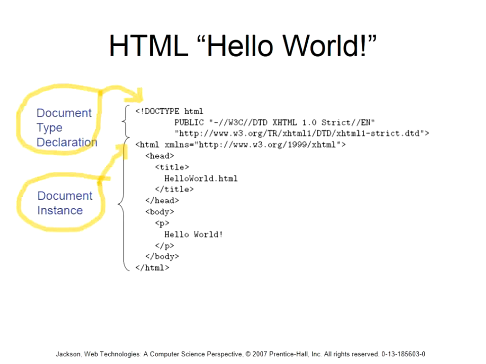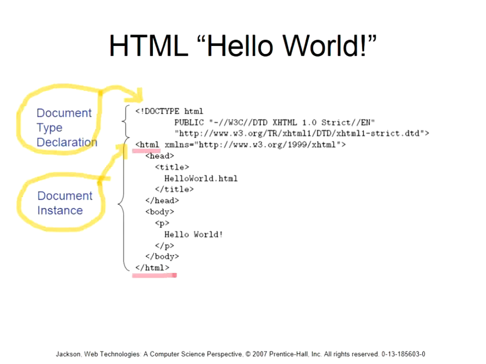So an HTML document contains document type declaration with doctype and document instance. The root of the document instance is the HTML tag. HTML is the root of our document.